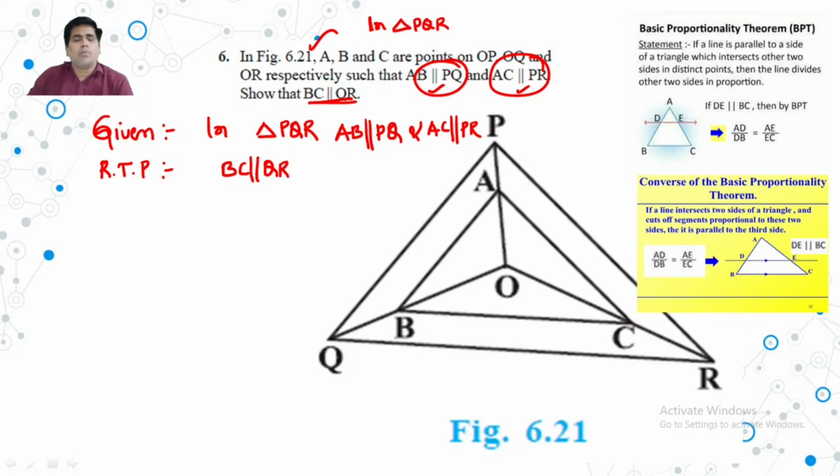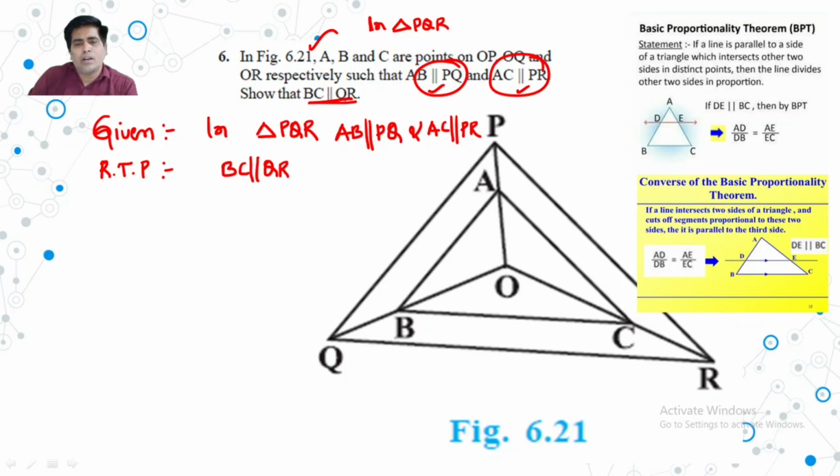Now, how to prove this statement? This is a question based on one of the theorems. It is the BPT theorem. We will use the two statements of the BPT theorem: one is the basic proportionality theorem, as well as the converse of the basic proportionality theorem. So what is the basic proportionality theorem?